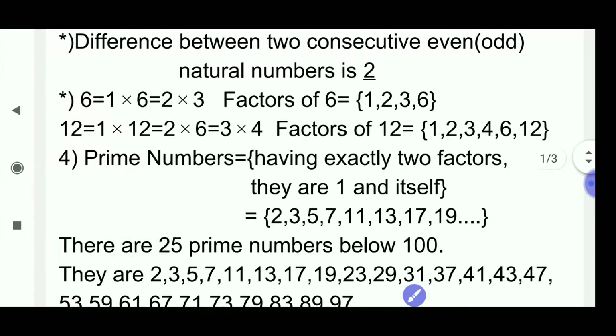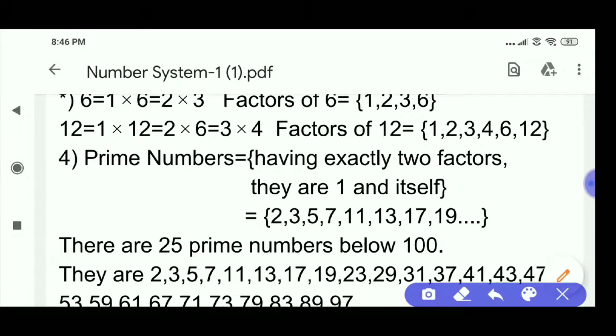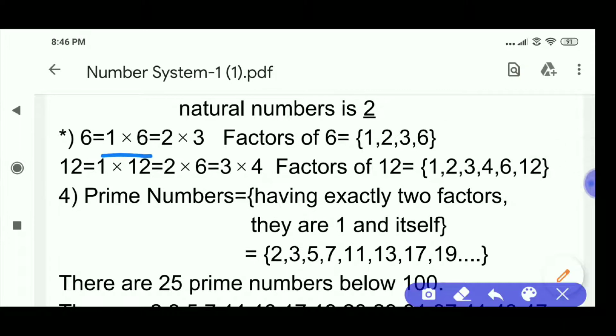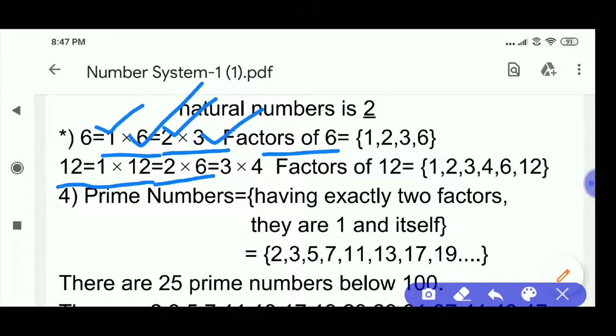Now, let us observe, 6 can be written as 1 into 6. Similarly, 2 into 3. So, the factors of 6 are 1, 2, 3 and 6. Now 12 can be written as 1 into 12, 2 into 6, 3 into 4.